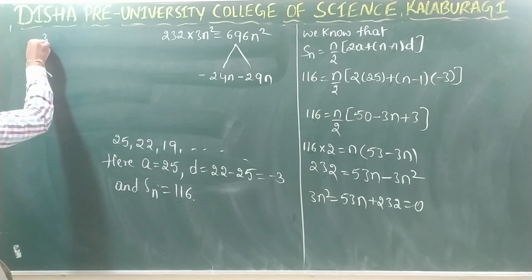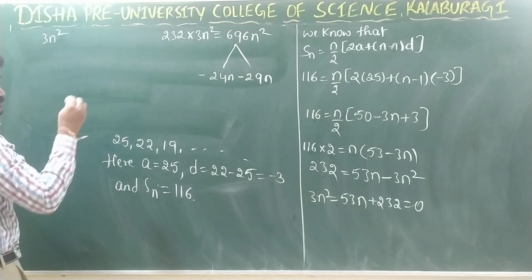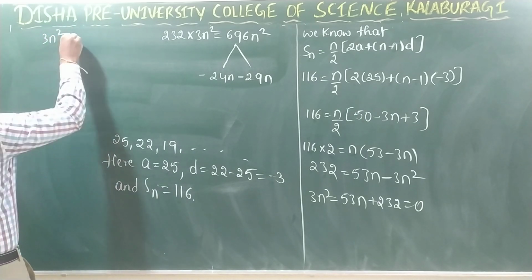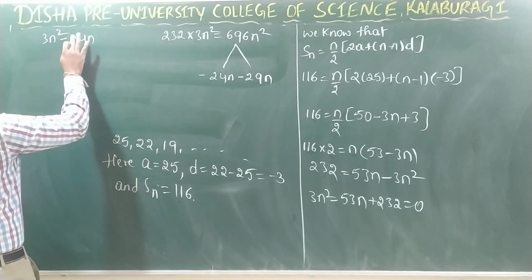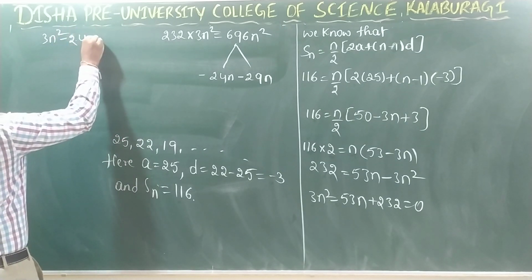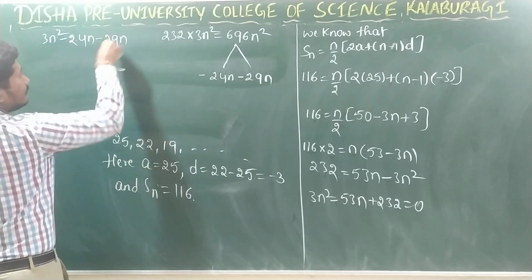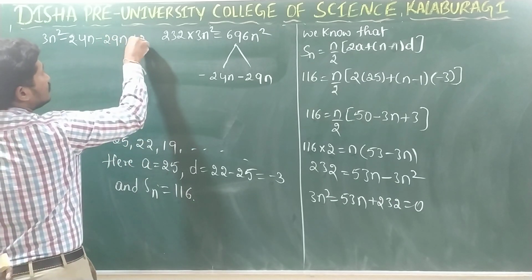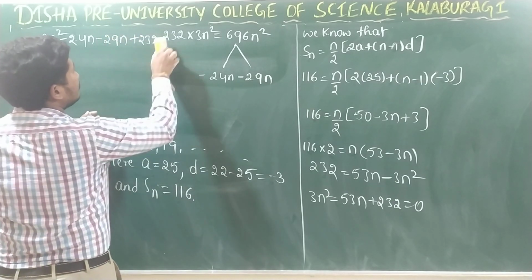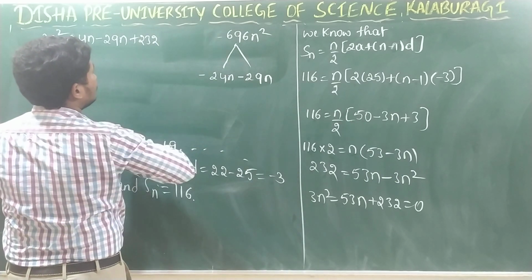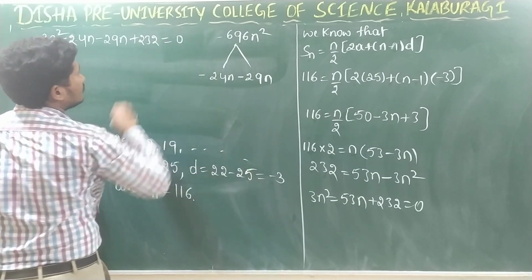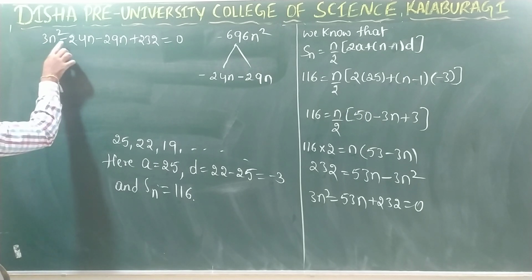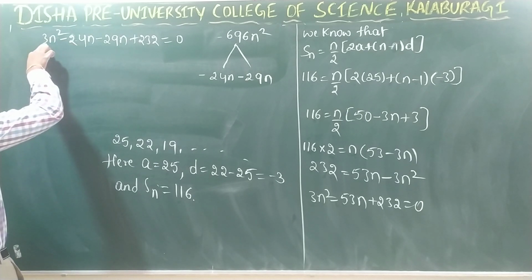So how will we split that? 3N square minus 24N minus 29N plus 232 is equal to 0. Right? See, 24 comes in the table of 3.